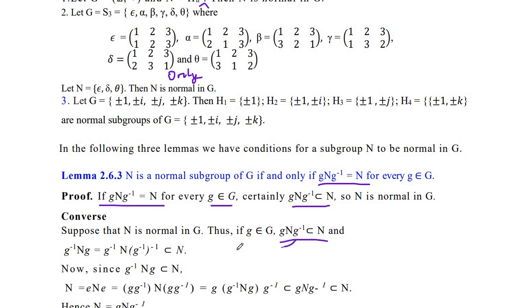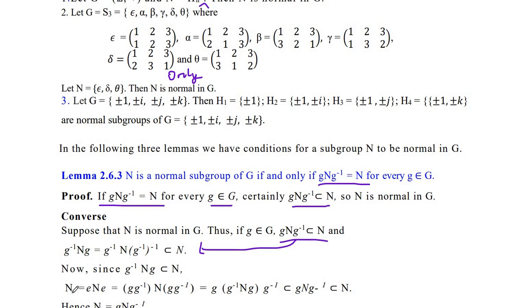So again use the same to see that g⁻¹Ng is contained in N. Now since g⁻¹Ng is contained in N, we make use of this to conclude that N is sandwiched between gNg⁻¹ and N.